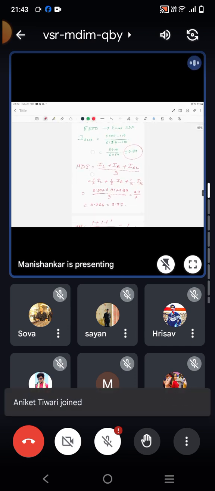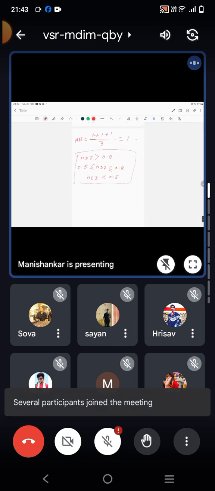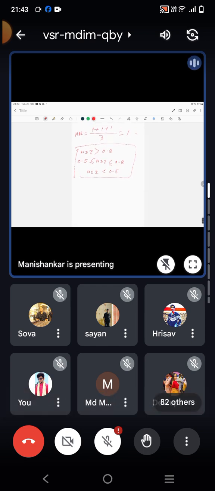In that way we calculate the value and figure out your HDI. So this is our HDI. According to this, we can classify countries as developed, developing and less developed.